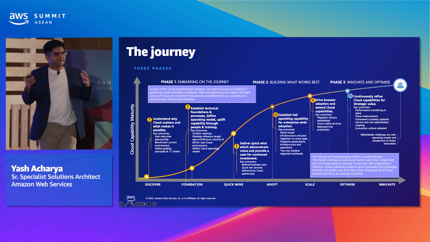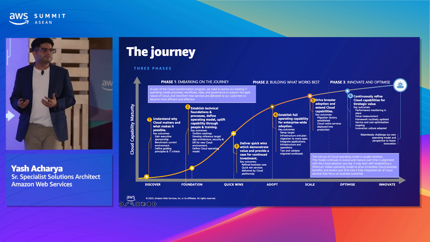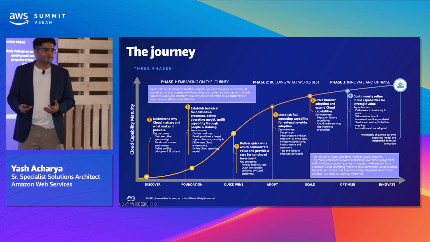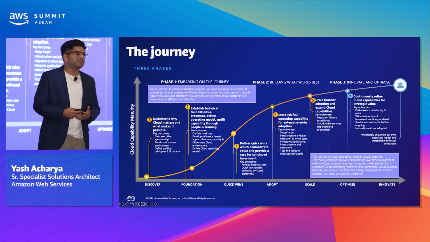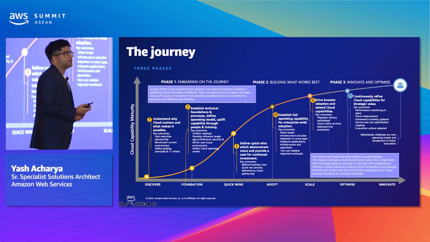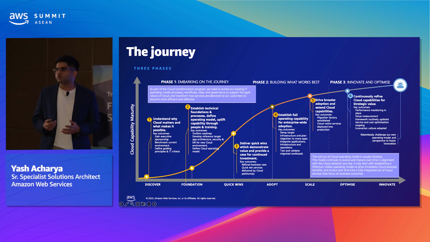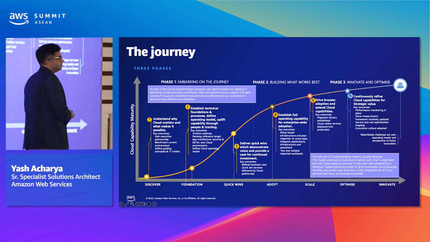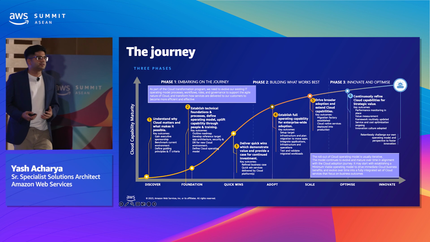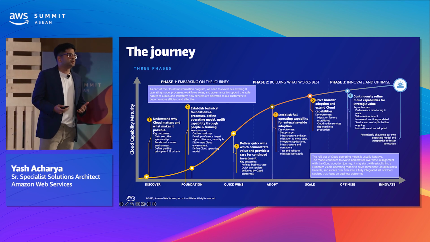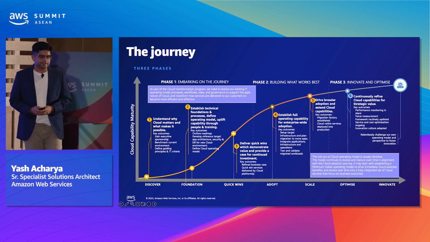So the slide might look a bit overwhelming, but be rest assured that AWS, having the experience working with global customers, could help you out in this journey in a very smooth and an effective way. We have programs, we have the services, we have competent partners who can come in and help you accelerate your journey to the cloud.